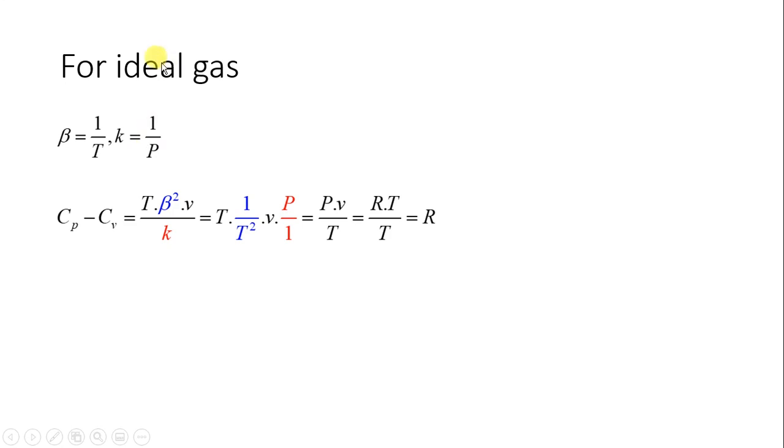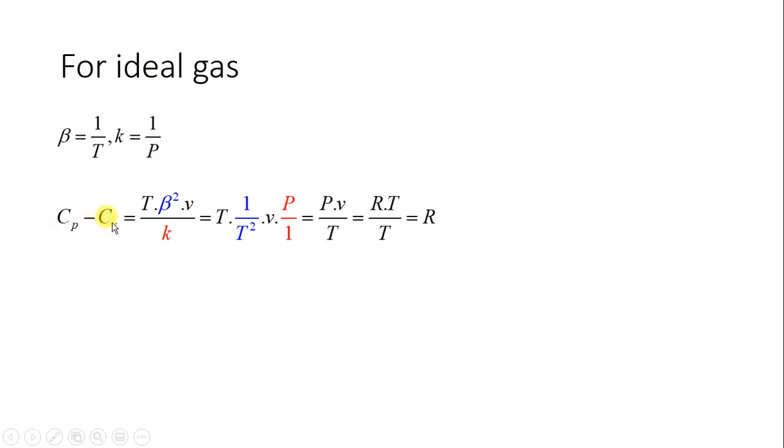Now we will see the Mayer relation for ideal gas. What happens for ideal gas? We have already discussed this before. Beta is equal to 1 upon absolute temperature in Kelvin, and K is 1 upon P for ideal gas. This we had derived. Now what is the Mayer relation?